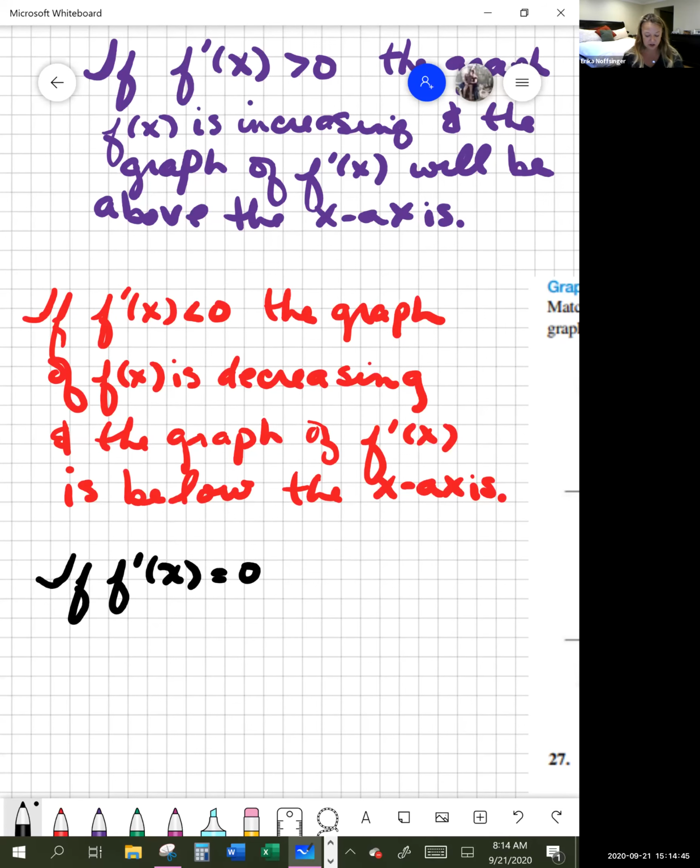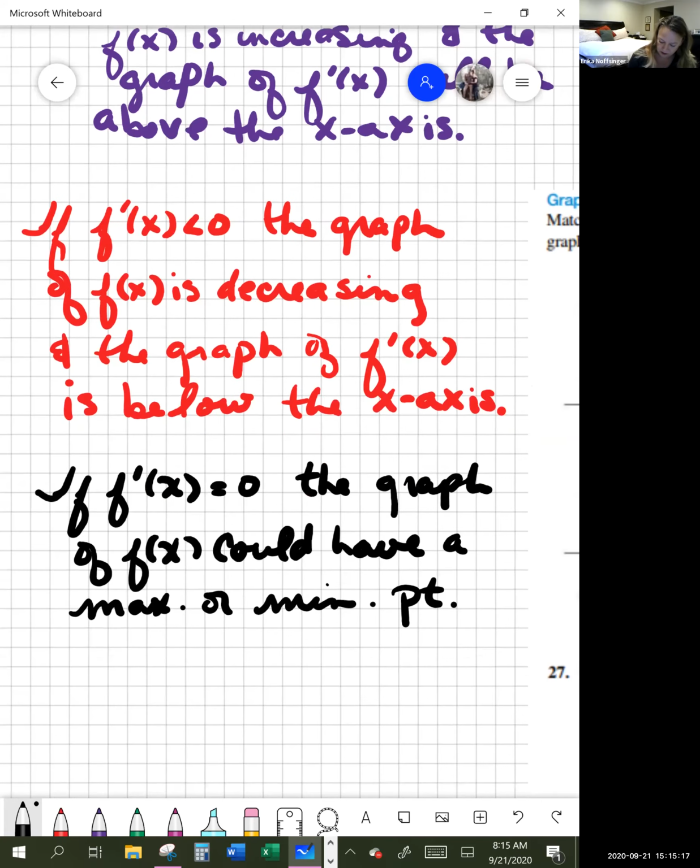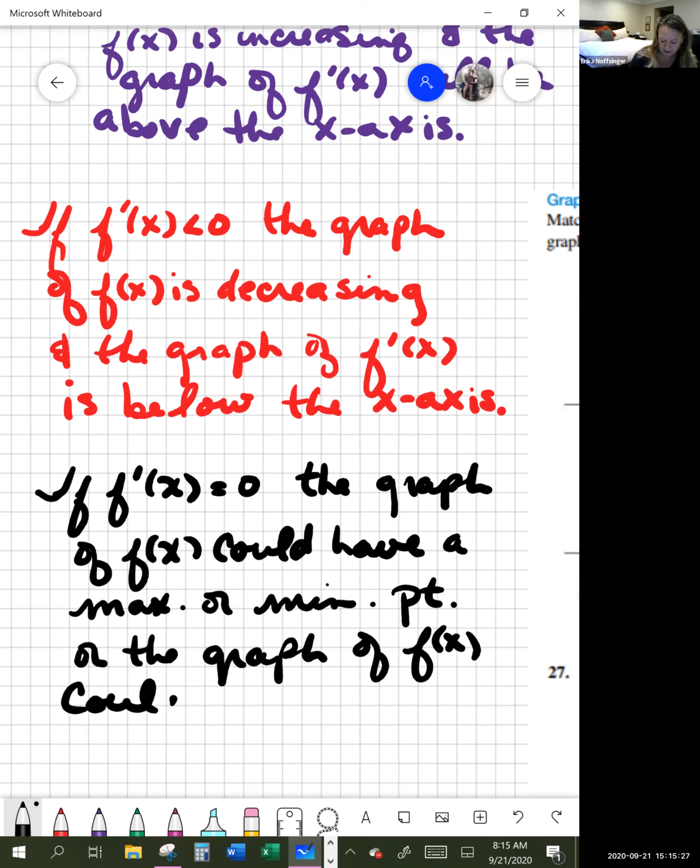And so if you find that your derivative is equal to 0, then the graph of f of x could, might not, have a max or min point, or the graph of f of x could be constant there. Which means a horizontal line.